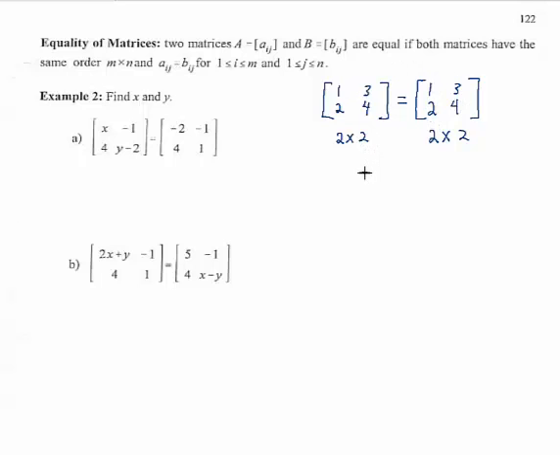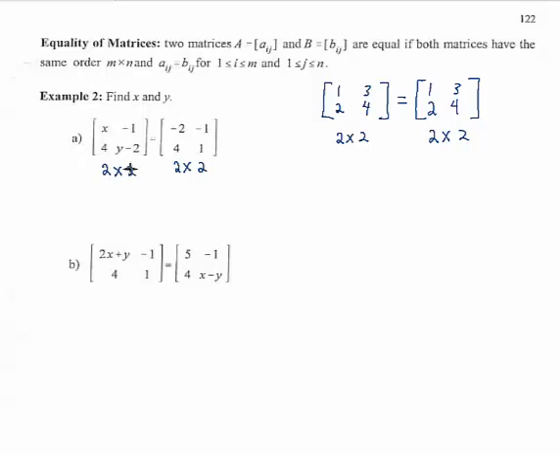Okay, so in example 2, if we're told that this matrix on the left is equal to the matrix on the right, first thing you could check is that they're the same dimensions, and so this is a 2 by 2, and on the right we also have a 2 by 2. Alright, so that has to be true, and we're not really questioning the truthfulness of this equation.